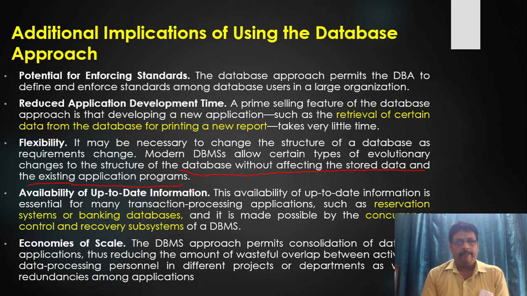Next is availability of up-to-date information. Up-to-date information is essential. There are different types of processing, like transaction processing, and different processing systems. It is becoming necessary for every transaction processing application, such as reservation systems and banking databases, where there will be concurrent users.